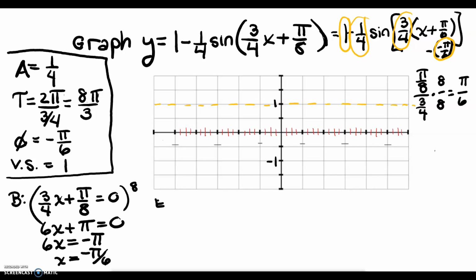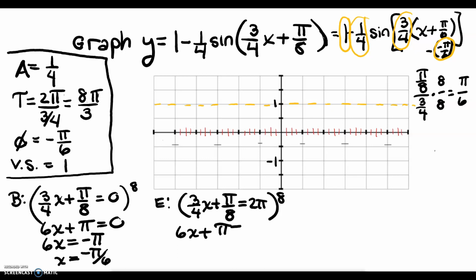And then for our end, 3/4 x plus pi over 8 equals 2 pi. We're going to multiply everything by 8, so we get 6x plus pi equals 16 pi. 6x equals 15 pi. And then when we divide, I get 15 pi over 6.